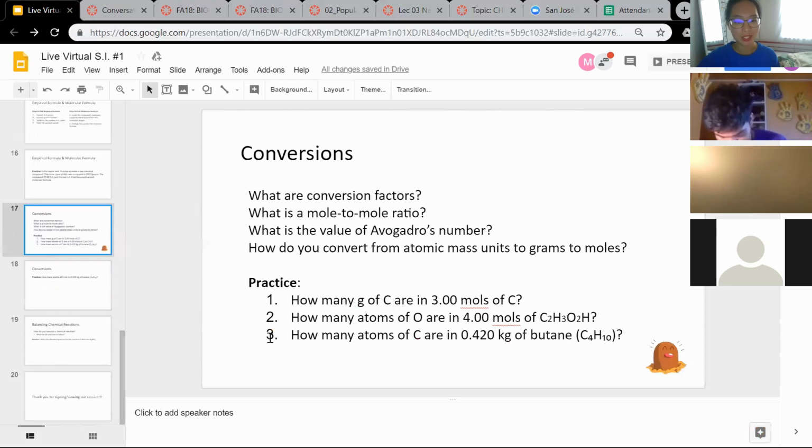The practice problem I'm going to do is number 3. We're going to post these on YouTube later, so maybe take a picture of this slide so you can have the problems right now to look at. For the sake of time, the problem I'm going over is number 3, because that one's a trickier one.